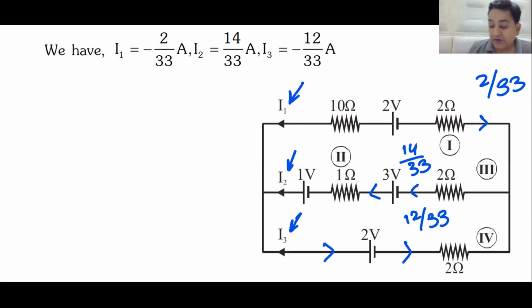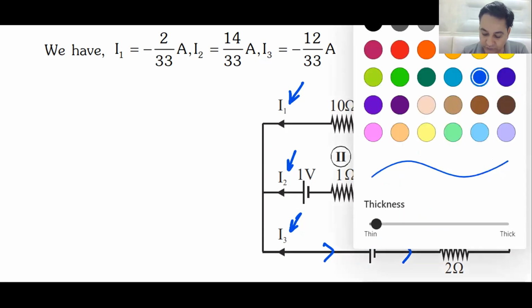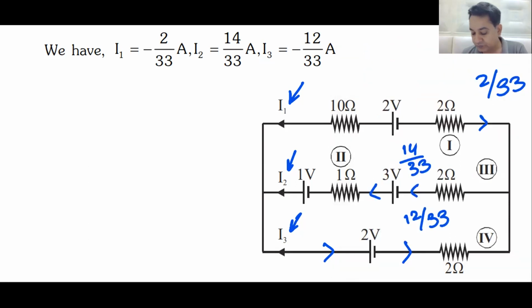Now you can see which battery is getting discharged, which battery is getting charged. Remember, when a battery is getting discharged, chemical energy is decreasing, work is done by the battery. If the current is flowing from the positive to the negative outside the battery, it is getting discharged. Yes or no? Yes, sir.